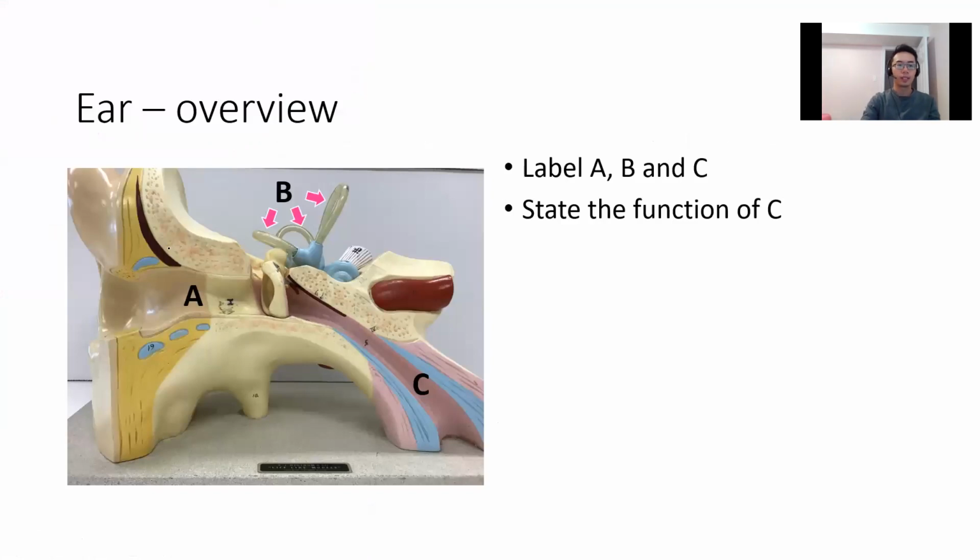Ear overview. A. What is this? This would be the auditory canal, the ear canal. It funnels sound towards the eardrum.